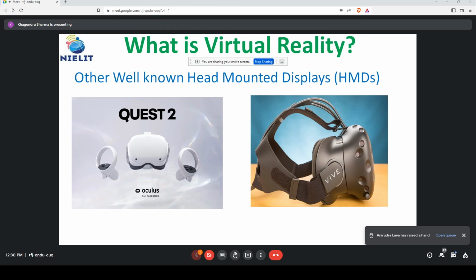Another difference between Google Cardboards and the Oculus and HTC is that in case of Google Cardboard, the entire computing is done within your mobile phone itself. But the Quest itself is a computer, so the entire processing is done within the Quest. You do not require an additional mobile phone. It's another version of Android, you can say, the Oculus.